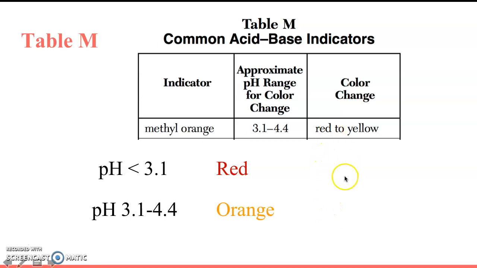My third option is my pH is greater than 4.4, or exactly 4.4. In that case, my solution, when I add methyl orange to it, is going to turn yellow. So again, the first number corresponds to the first color. The second number corresponds to the second color.